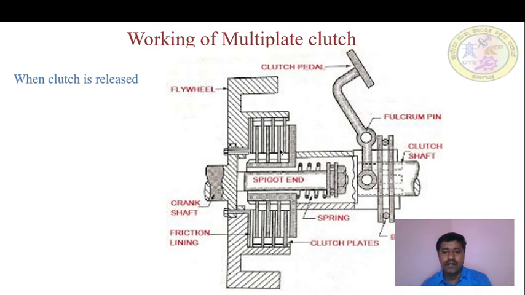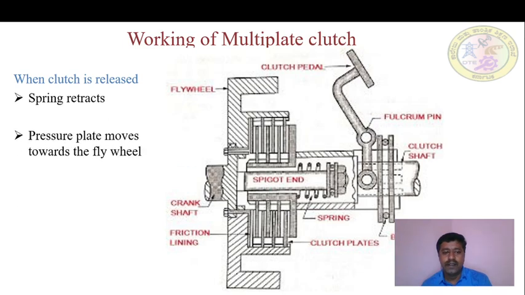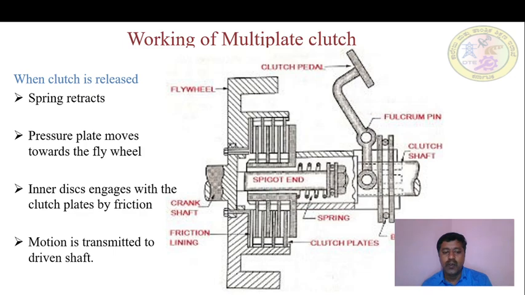So when the clutch is released, the power will be transmitted from the crankshaft to the clutch shaft. The spring retracts, the pressure plate moves towards the flywheel, the inner disc engages with the clutch plates by friction, and motion is transmitted to the driven shaft.